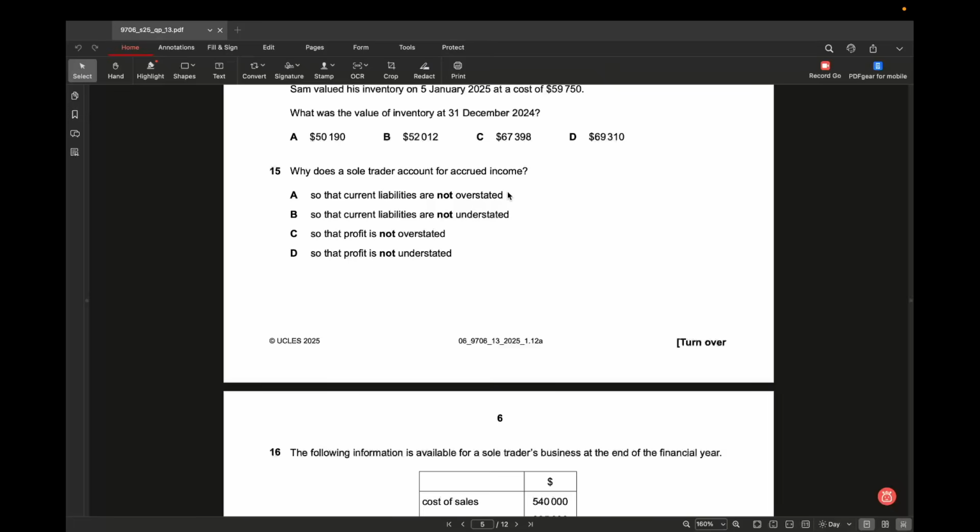For example, we receive rent of 1,000 every month and we received it till October, let's say from January to October, and November and December rent is accrued. Okay, so now in December when we calculate our income, and if you show that your income received is only for 10 months and consider that as your income, then 2 months rent which you have not received will not be included in our income.